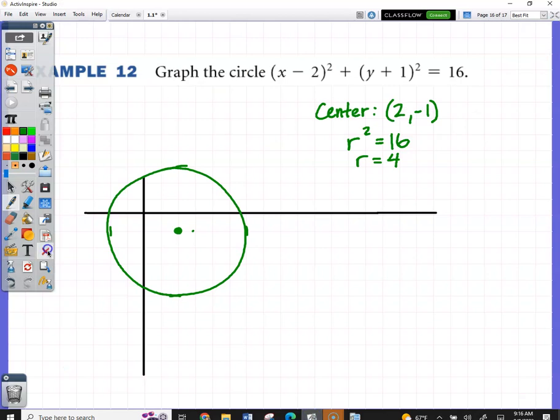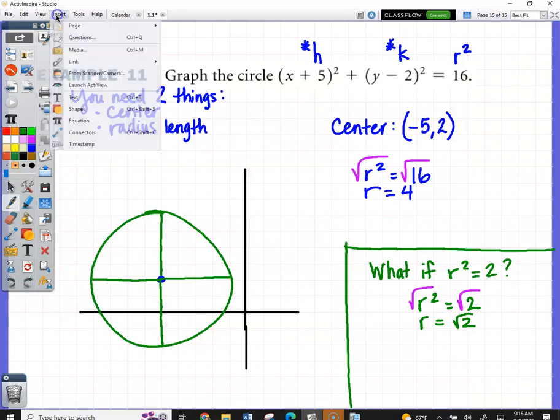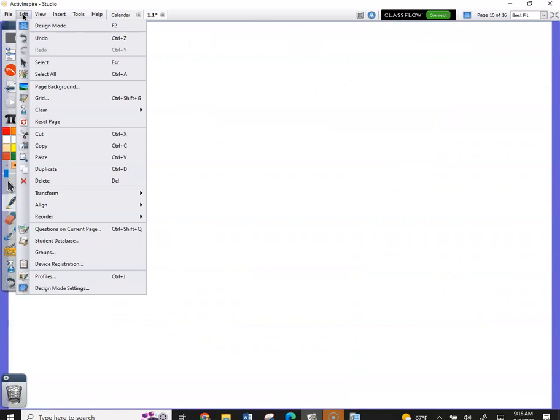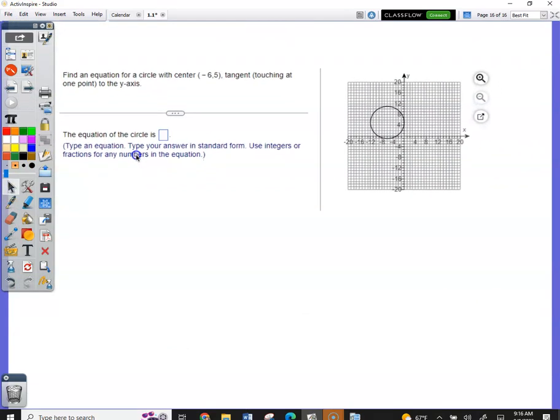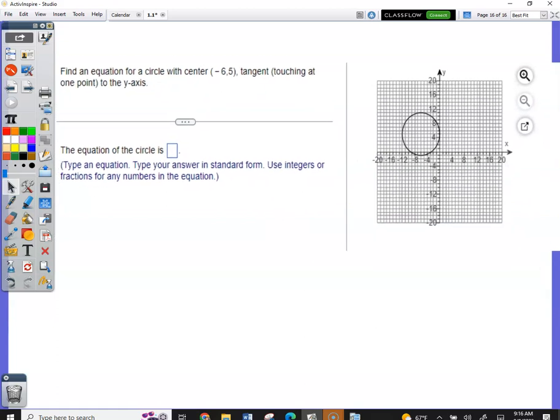I'm going to delete this. I don't like it. Insert page after paste. I thought I could make that bigger.